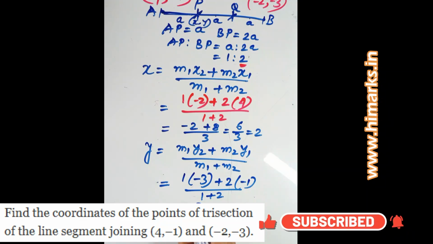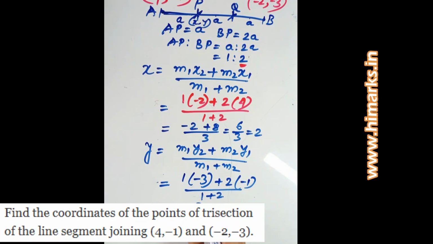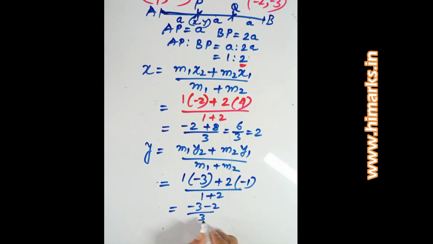So this will give -3, and this will give also -2, by 3. So here it is -5 by 3.